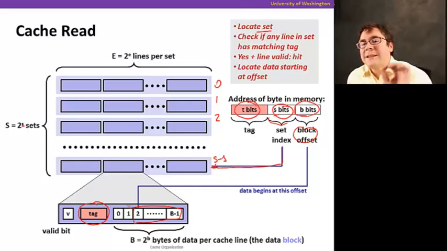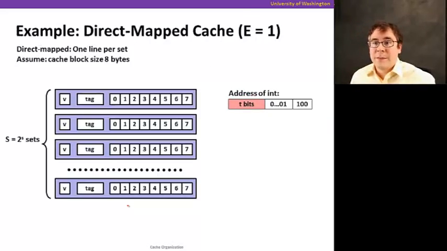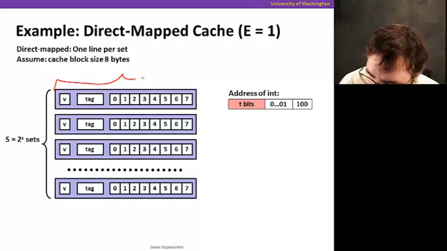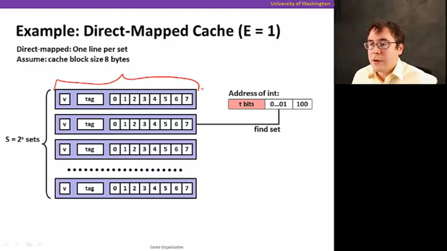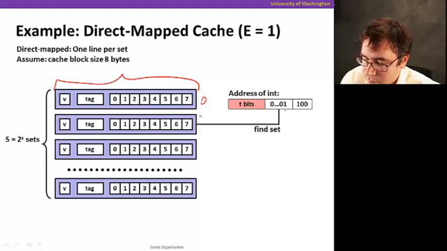Let's see now how this works. I'm going to show how this works for a direct mapped cache. With a direct mapped cache, there's a single block per set. We start with our address and find the set. It happens to be 0001 here, so it's 0 and 1, and we know that we're interested in this line here.